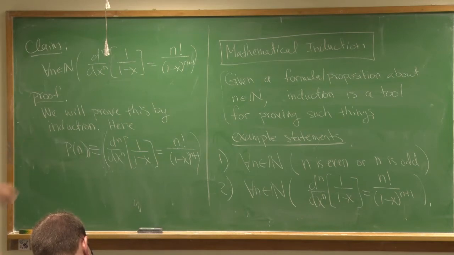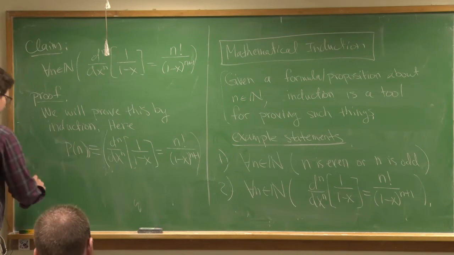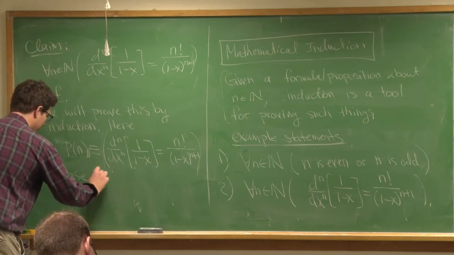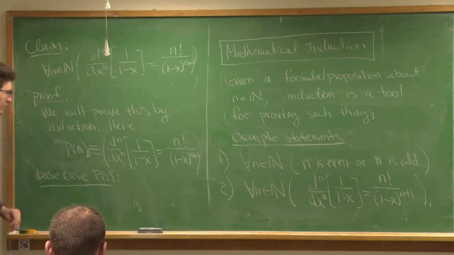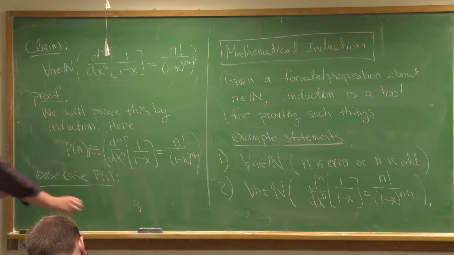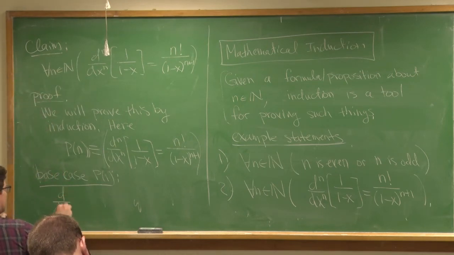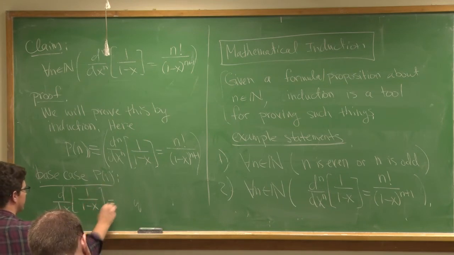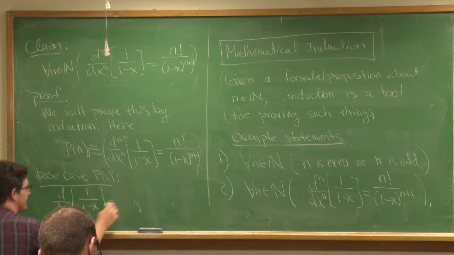So the base case. This proof involves really two proofs, right? The base case, P of 1. We're going to start with P of 1, and we're going to show that P of 1 is true. So d dx of 1 over 1 minus x. Well, this is a power rule. This is really 1 minus x to the negative 1.